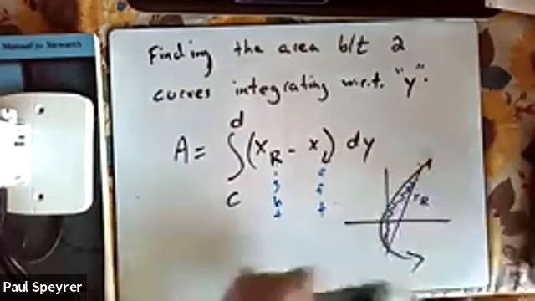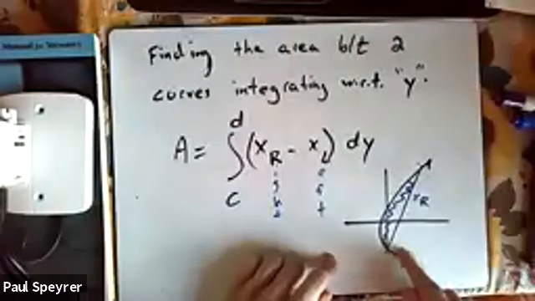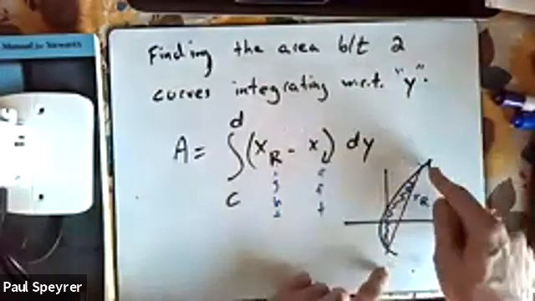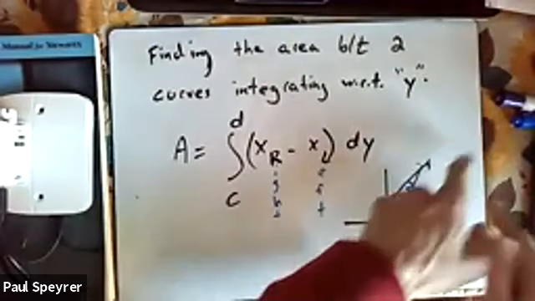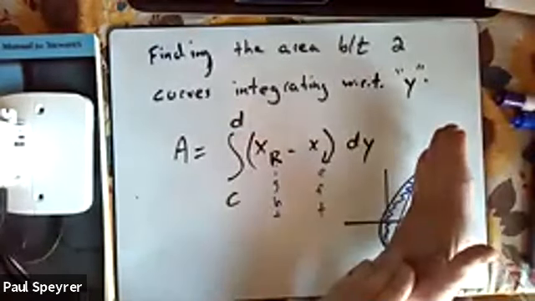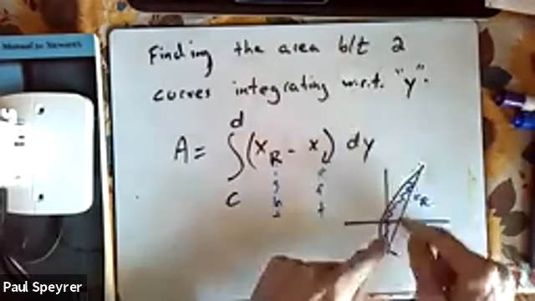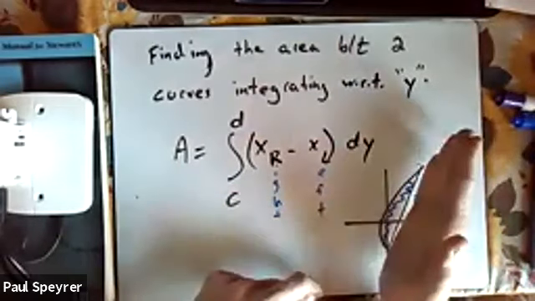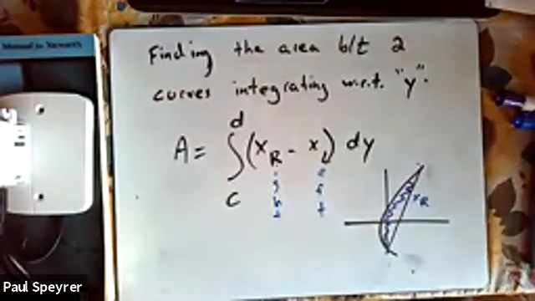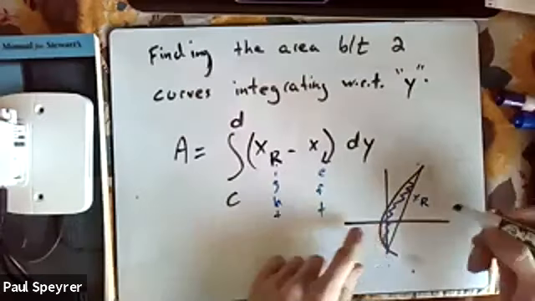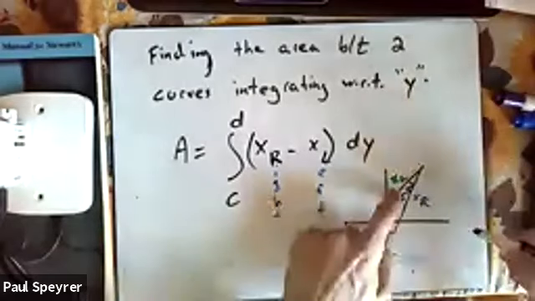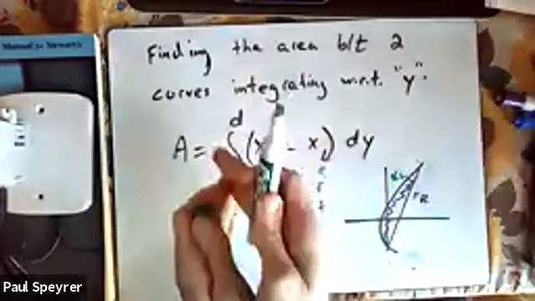That would be your XR, because that's the equation furthest to the right. That's the one bounding to the right. Don't say, oh, well, this arrow right here is shooting more to the right. No, it's because according to this shaded region that we wanted, what's the right piece? Is it the sideways bowl, or the straight diagonal line? Straight diagonal line. And then what's your leftmost equation? Well, in this case, it'd be the bowl, right? It's this right here. That's what we mean by rightmost minus leftmost.